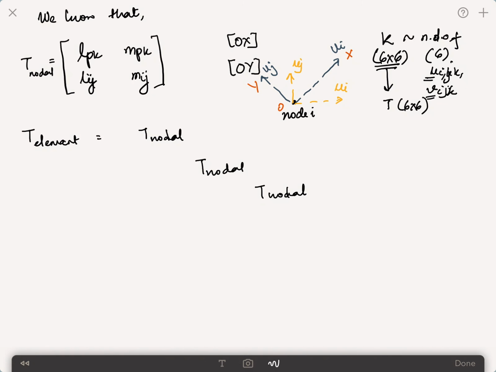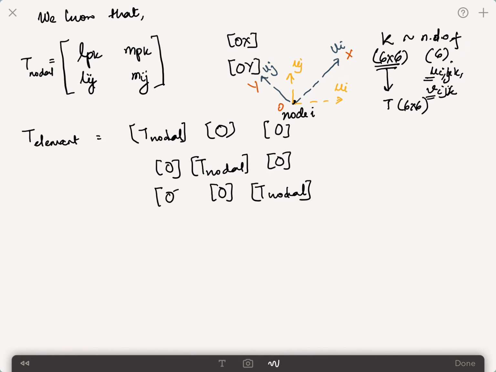So when I'm talking about node I, then I'm looking at the first row. So there will be a 0 vector. Let me write this as matrices, and another 0 matrix for all the locations that do not have any contribution at that particular transformation point. It can be written as this. So what I need to do is substitute the T nodal here in all these locations.